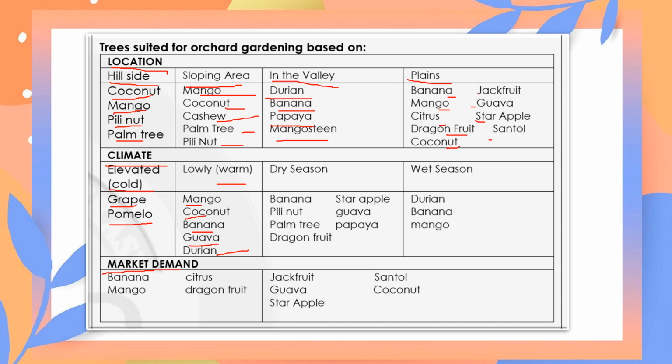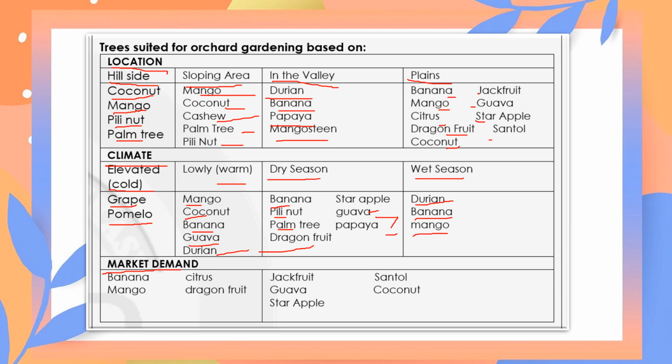How about fruits that grow in a dry season area? So we have banana, pili nut, palm tree, dragon fruit, star apple, guava, and papaya. Next, we have fruit-bearing trees that grow during wet season. So we have durian, banana, and mango.